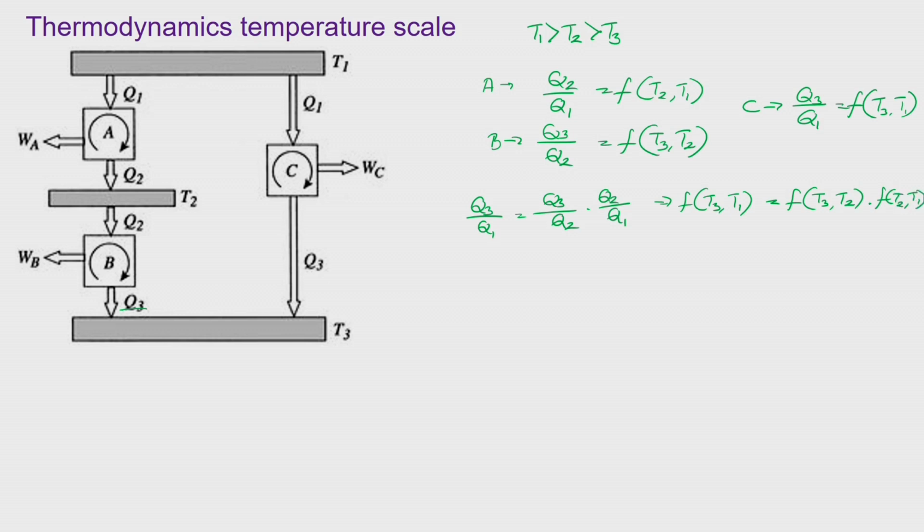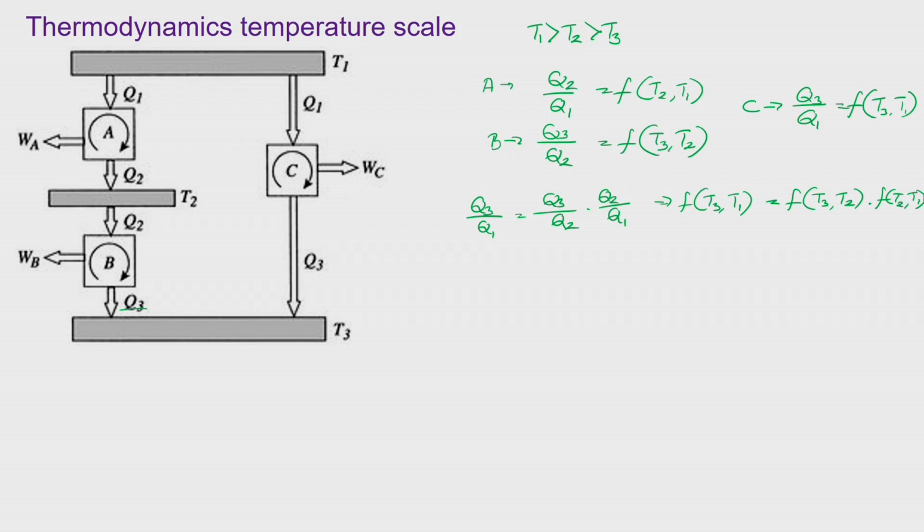Now, look at this expression quite carefully. The left hand side is a function of only T1 and T3. However, the right hand side is a product of two functions, one of T3 and T2, the other of T2 and T1, but the left hand side is not a function of T2. Then when is that possible?